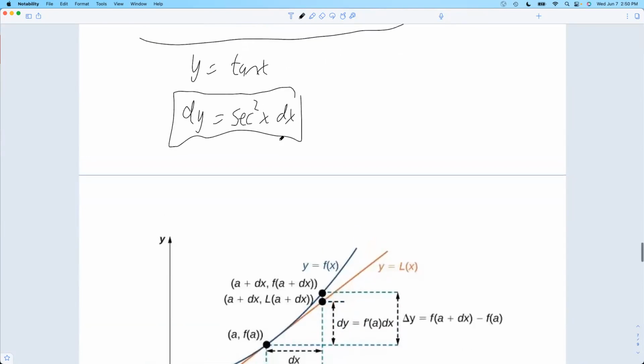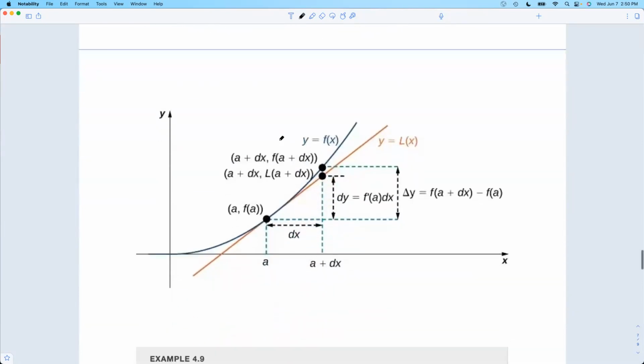And here's that same picture I was just drawing. So what we're estimating here is not a new function value, but a change in function value. Delta y here is the actual change in y values from that point to that point.